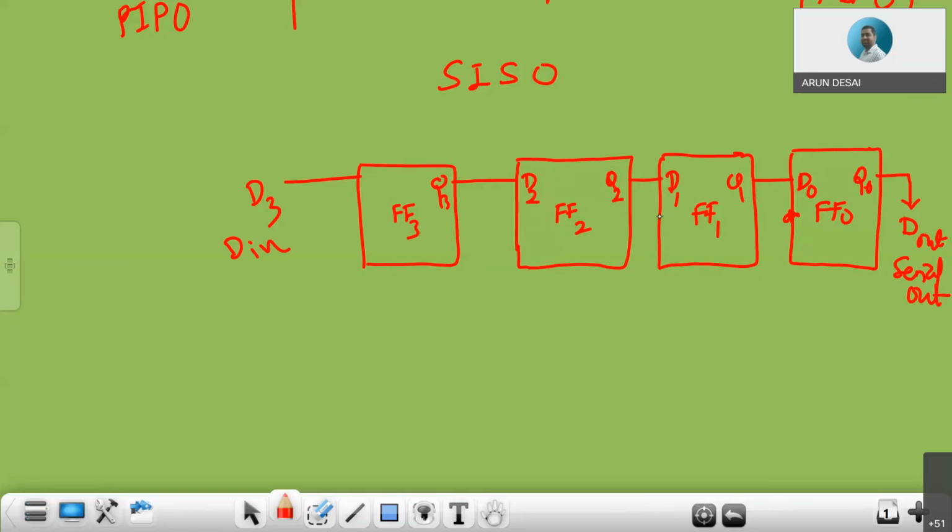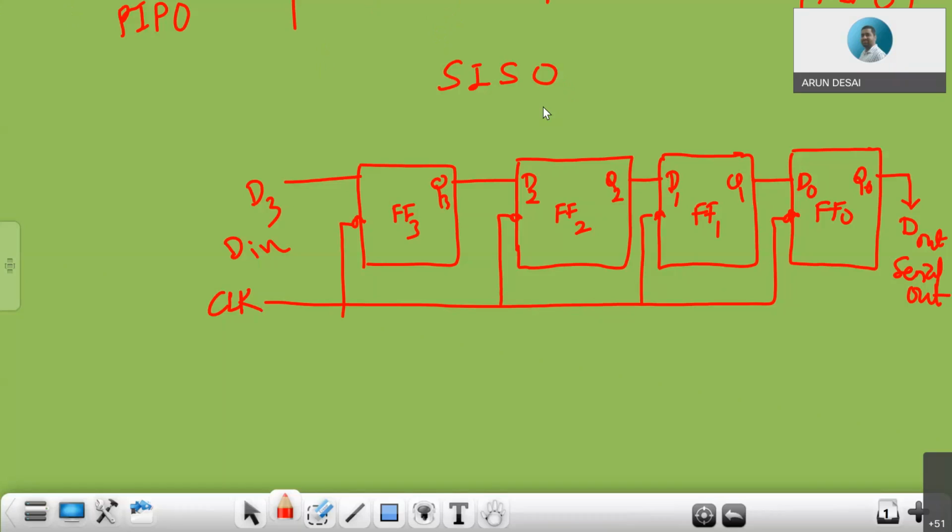We can assign a clock pulse to each and every flip-flop like this, right? So this is what is serial in, serial out.